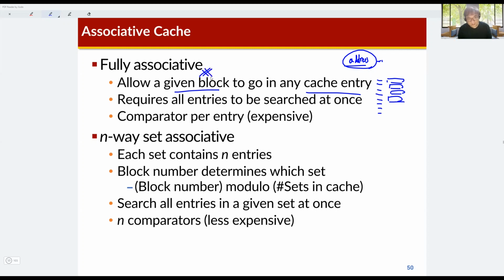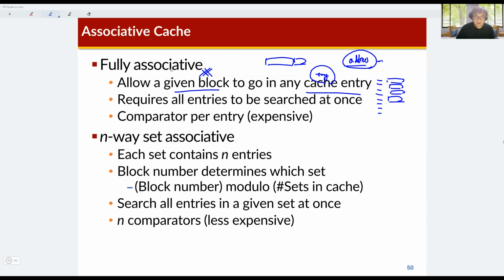Fully associative cache means that we ignore the index field and store a certain cache block to any entry of the cache, and we store the entire address as the tag of the cache. Then we can identify the data inside of the cache. The problem is that in order to access the data in the cache, we need to compare the tags of the entire blocks for the fully associative cache.